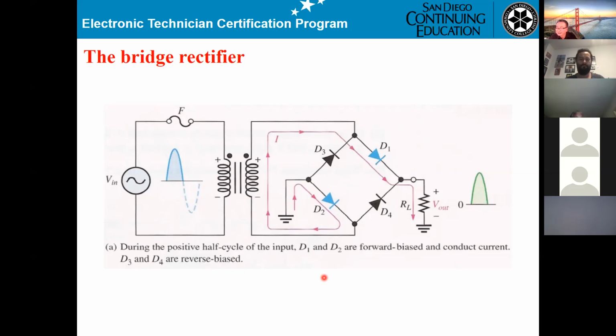And they can ask you, for the positive cycle, which diode will be on, which diode will be off. They are on by pair, they are off by pair. So this one is on here. Next cycle, that means you go to the negative, then D3 and D4 will be on. D1 and D2 will be off.